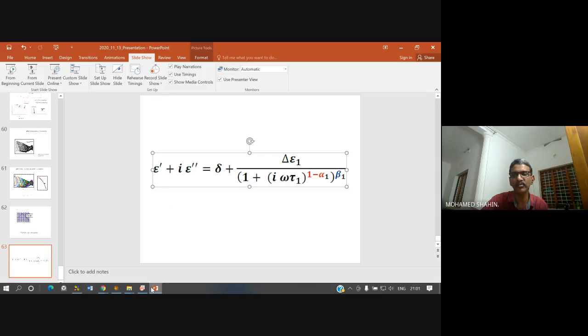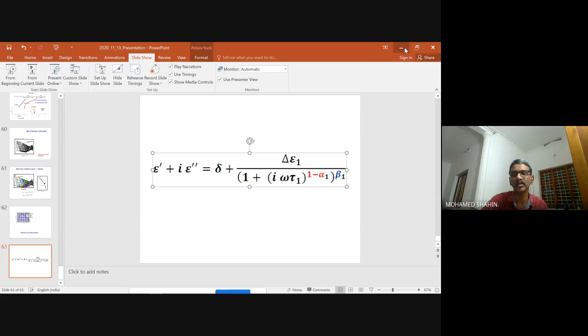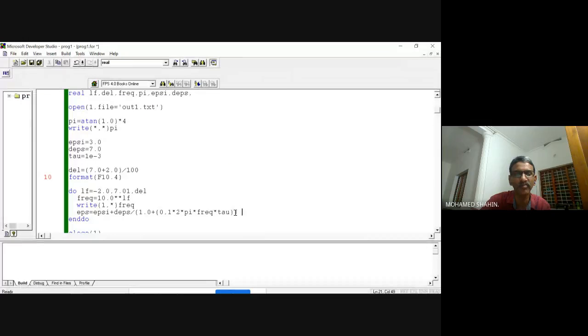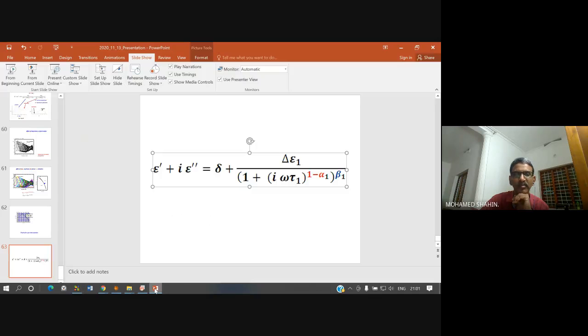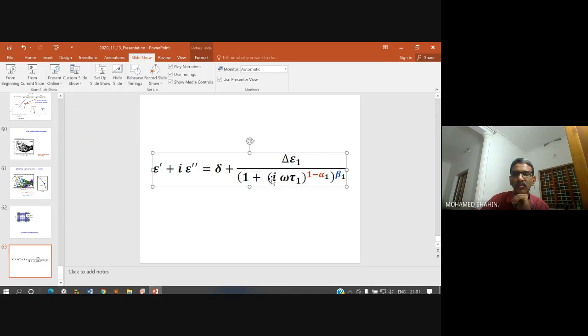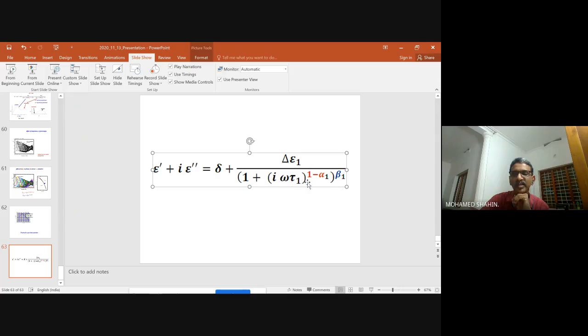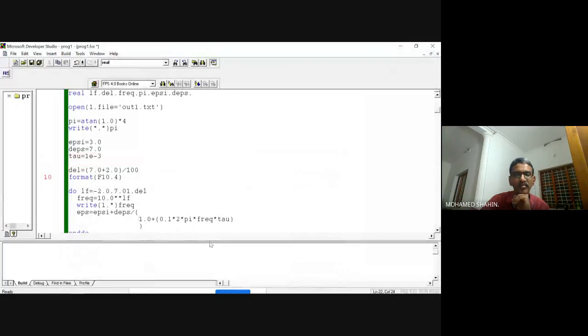Now what we have to do is to the power 1 minus alpha. So this bracket you have to make sure that this bracket had to be ended here. Okay, 1 plus I omega tau. This had to be only the imaginary part has to be powered.